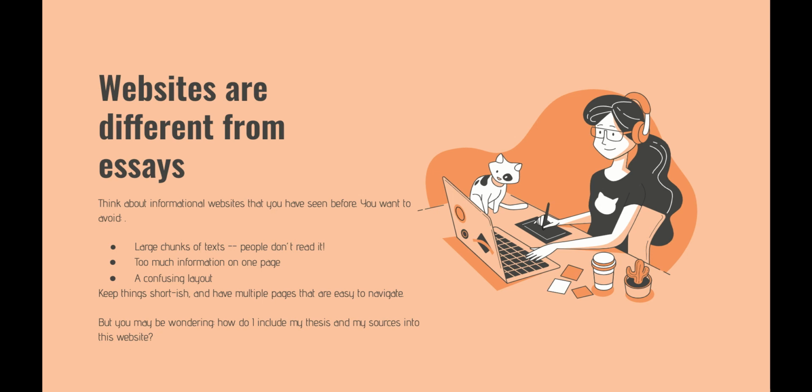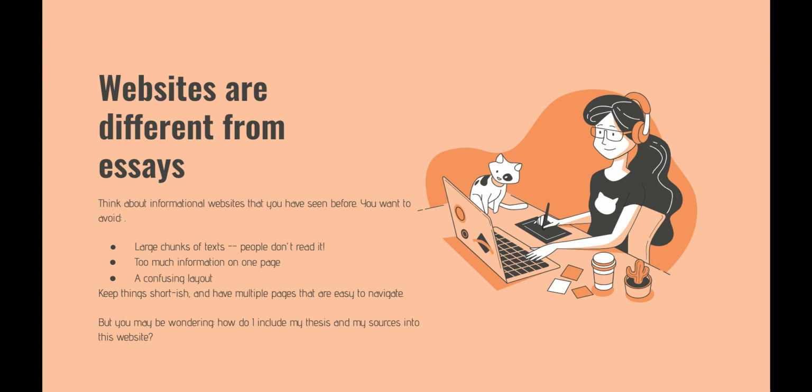Now, something that you also have to think about when you're starting to put this all together and actually build content into your web page is synthesizing information. Synthesis, by definition, is combining information from multiple sources and adding it to your own analysis and voice.